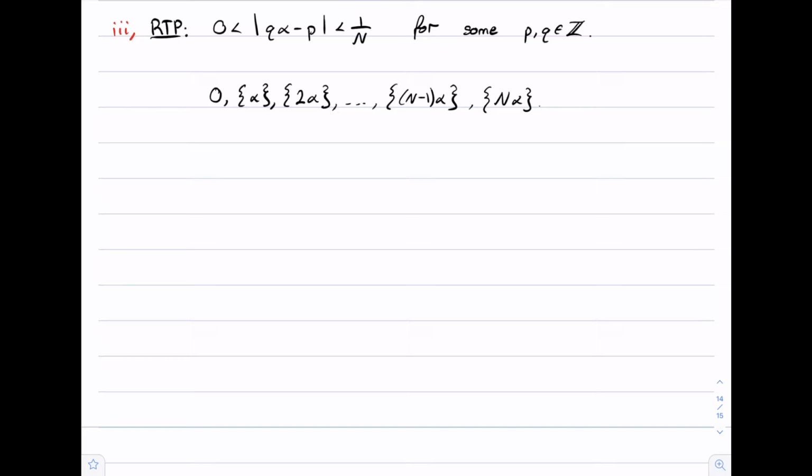Now, let's just go over it one more time. What we proved in part 2 was that at least two of these numbers differed by 1 over n, which means that we can find two numbers that differ by 1 over n.